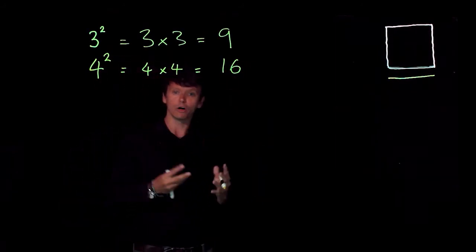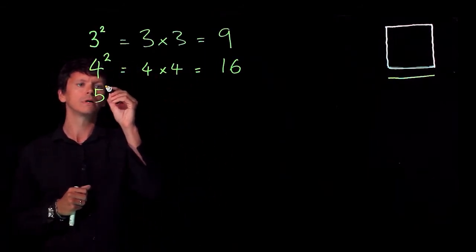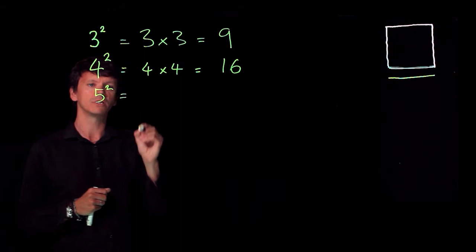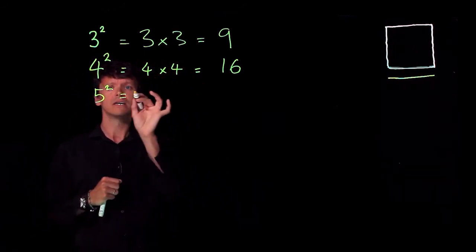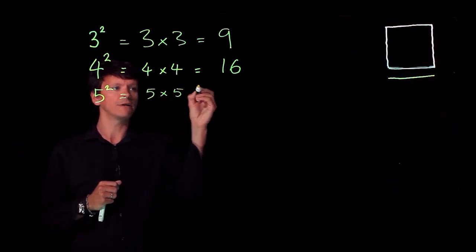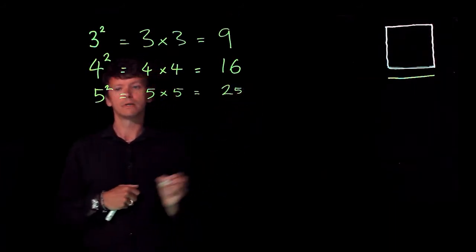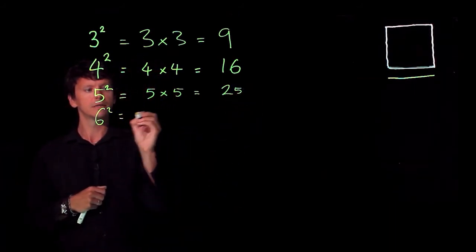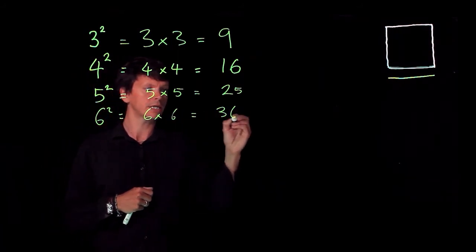Okay, and on we go, working up through our numbers. I'm not going to do all of them, but perhaps let's have a look at 1 to 10. 5 squared is going to be 5 times 5, which equals 25. 6 squared, 6 times 6 equals 36.